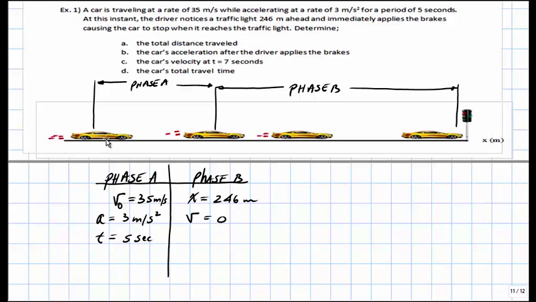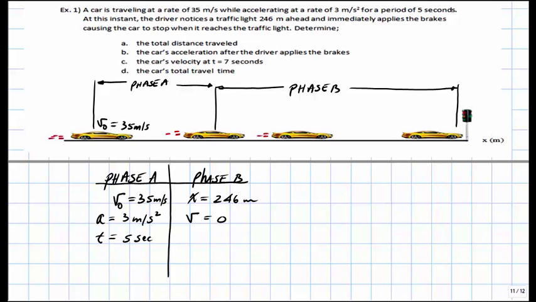V0 reflects the car's speed at the initial position, and we know that right here the initial velocity equals 35 meters per second. We also know that at this location the time equals 5 seconds. We do not know the final velocity that the car is traveling when it reaches the end of phase A. In other words, we don't know the final velocity when t equals 5, so we'll just note that as v on this side.